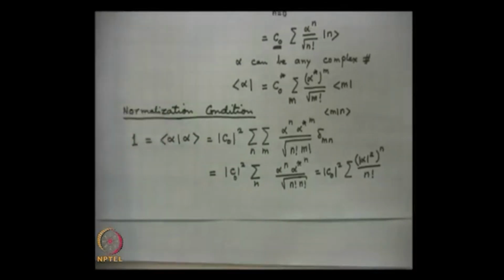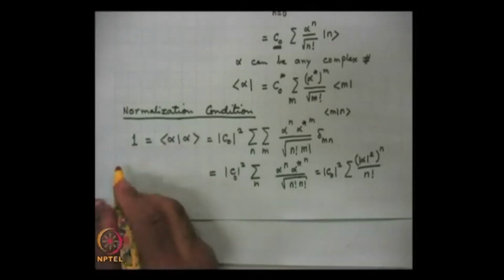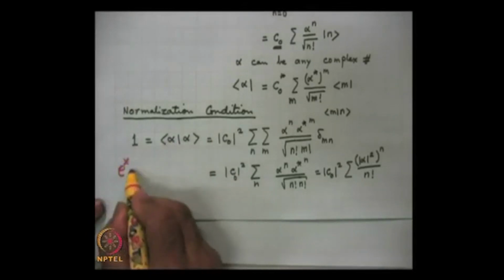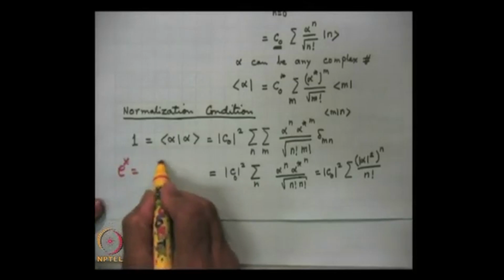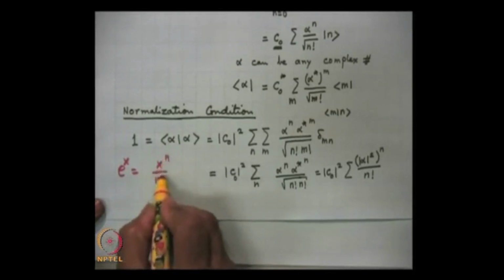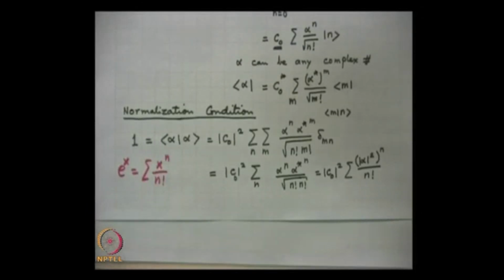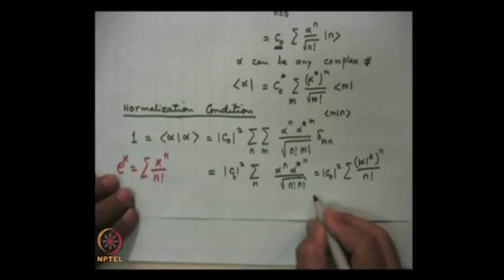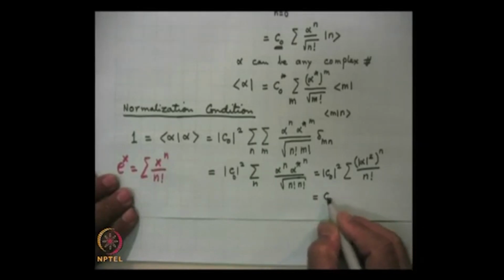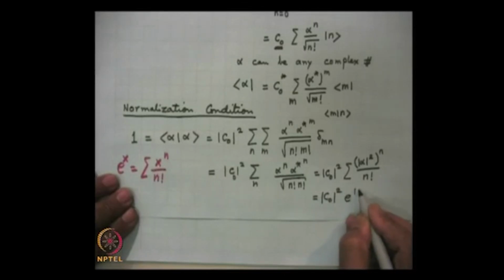As you know, e to the power of x is equal to x to the power of n by n factorial summed over all values of n equal to 0, 1, 2, 3. So, this becomes equal to C 0 mod square e to the power of mod alpha square.